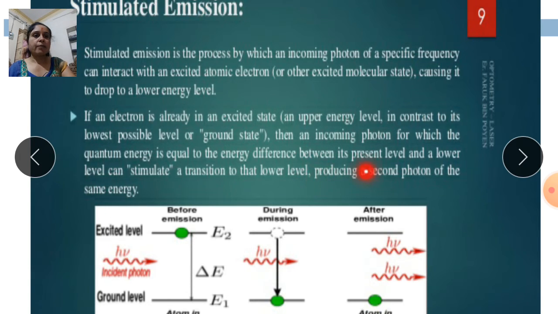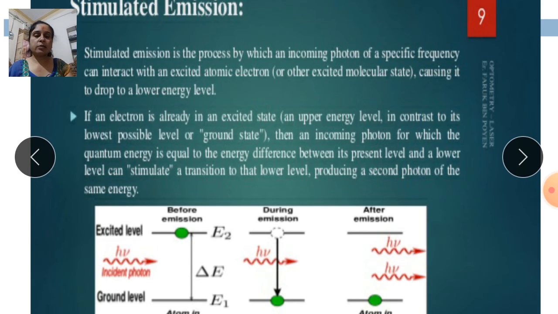So the upper level is stimulated by that transition, producing a second photon of the same energy. The first photon produces a second photon, as we can see in this figure.